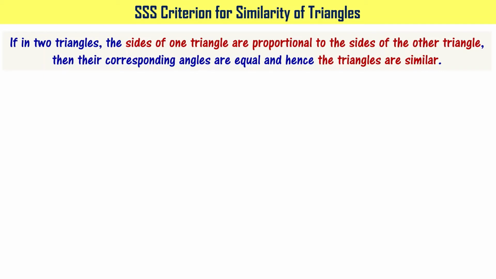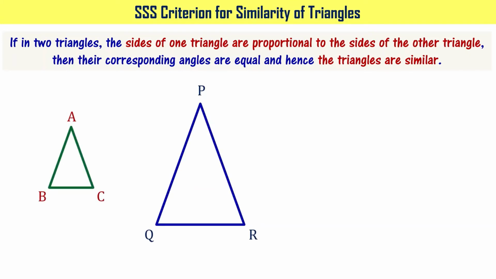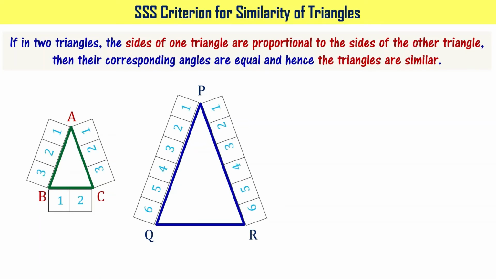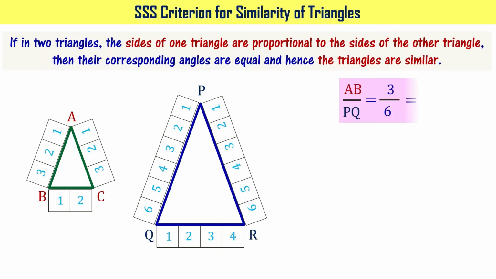Let's understand this now. Let us consider two triangles, triangle ABC and triangle PQR as shown in the figure. And let's take the measure of the sides of these two triangles. As you see here, the ratio of AB and PQ is 3 by 6, that is equal to 1 by 2, right? Similarly, the ratio of AC and PR is also equal to 1 by 2.